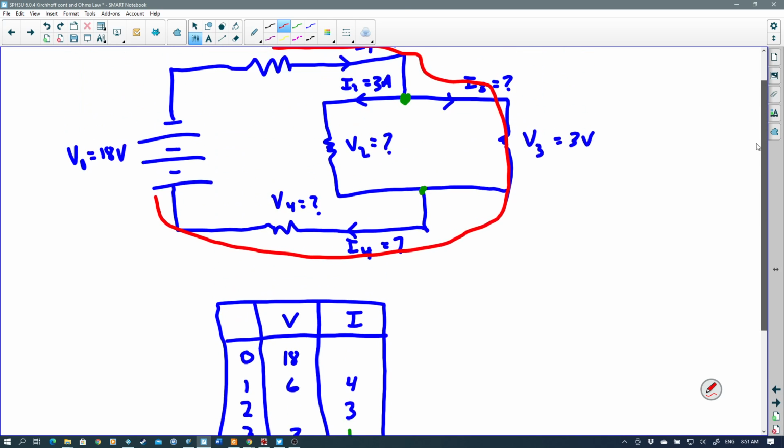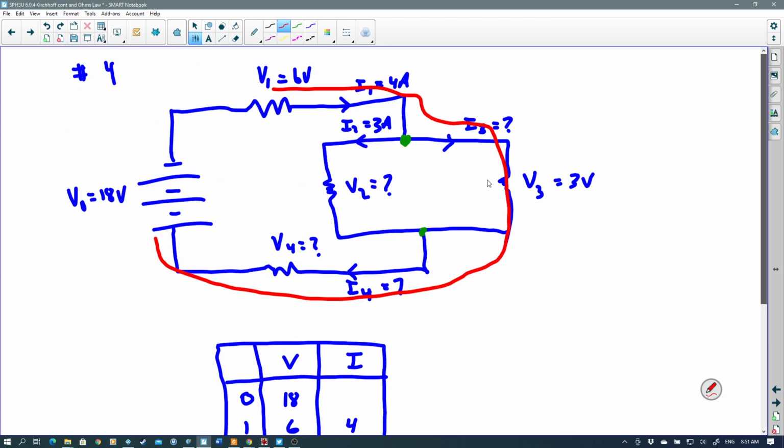We can also see a couple of things here. These 2 voltages are parallel to each other. That means those 2 voltages have to equal one another. Well, if we now know that this one's 9 volts, another way that we can do that is by doing another path. If we do the path going this way through the circuit, so again, 18 volts are being given, 6 volts are taken away, 9 volts are taken away.